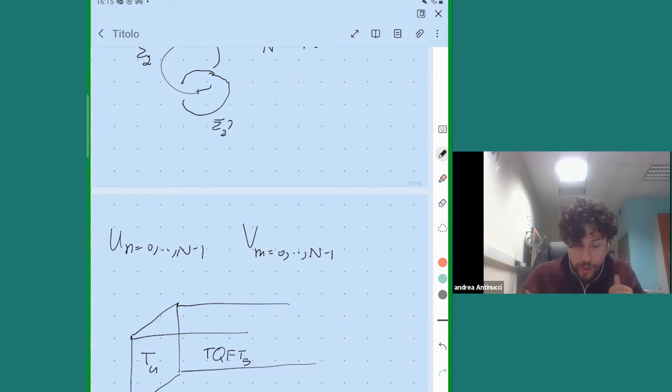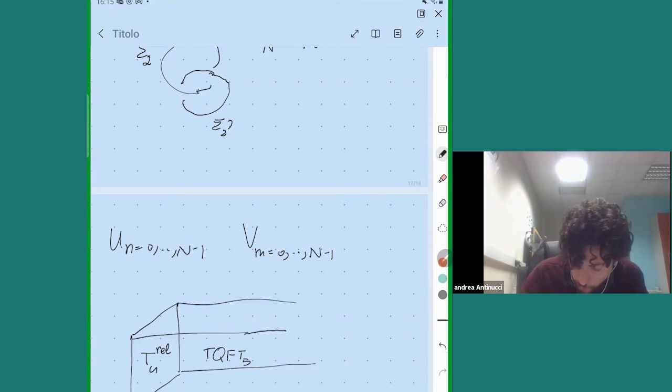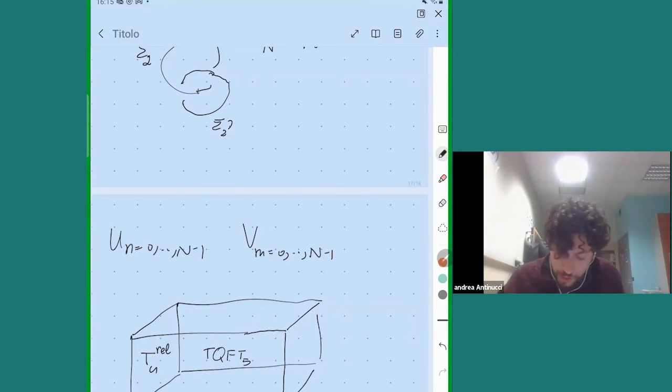But to recover our original theory, since this is relative, we can put an additional boundary. So we put basically our TQFT in a slab. We put an additional boundary here where we impose topological boundary conditions.